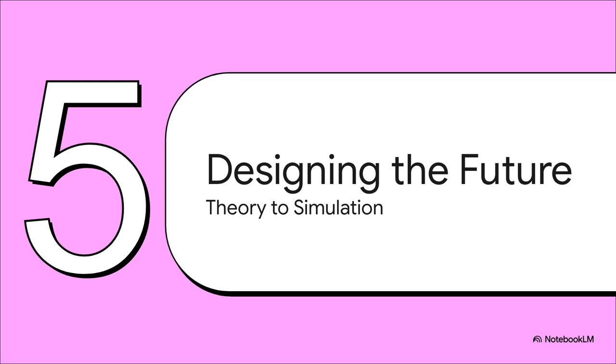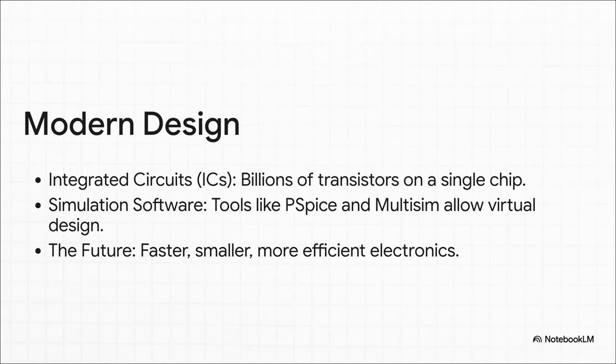So how do engineers actually take all these principles and use them to build the technology of tomorrow? Well, today's design process operates on an incredible scale. Instead of circuits with a few components, engineers design integrated circuits, ICs, with billions of transistors on a single chip. This is only possible because of powerful simulation software that lets them build and test these entire massive systems in a virtual world, long before anything physical gets made.